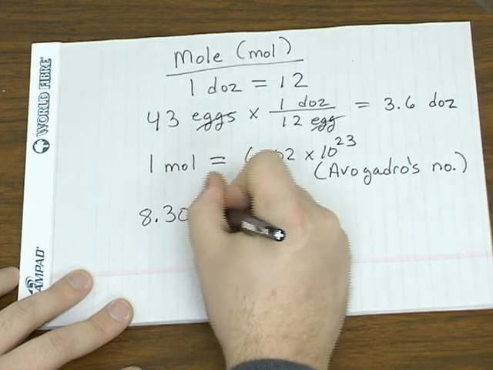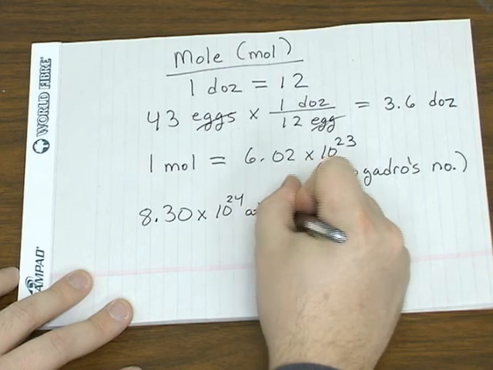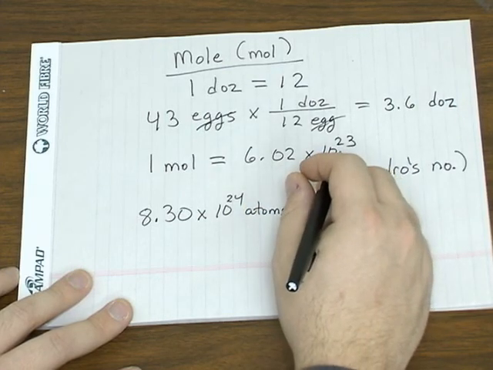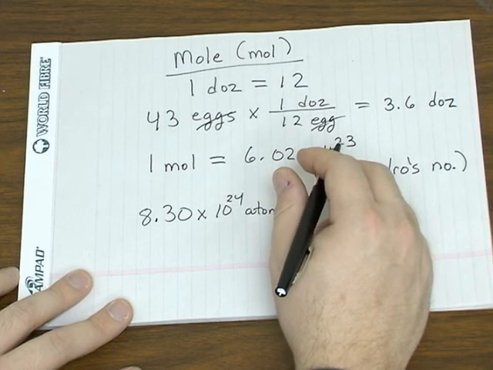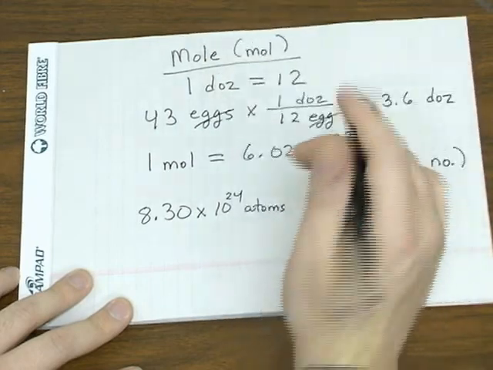So for example, you've got 8.3 times 10 to the 24 atoms, which seems like a lot, but you probably have at least that many in your hand, or maybe in this pad of paper.